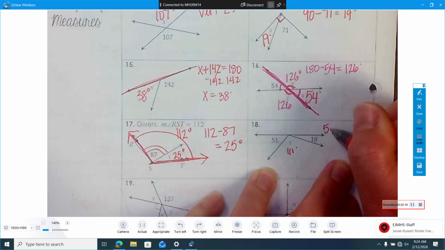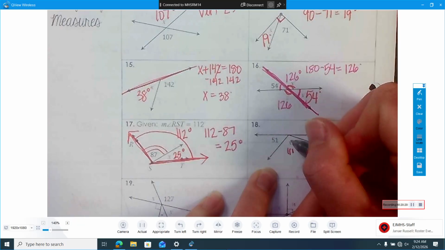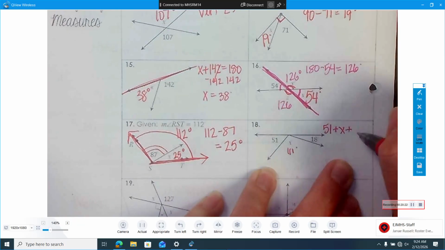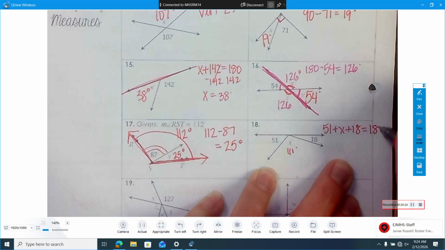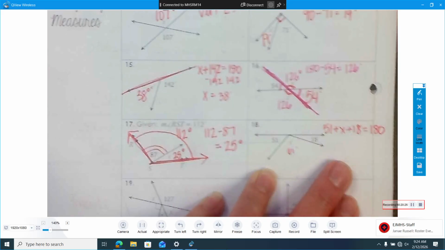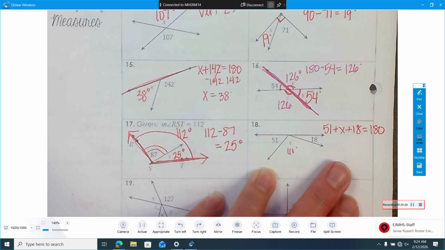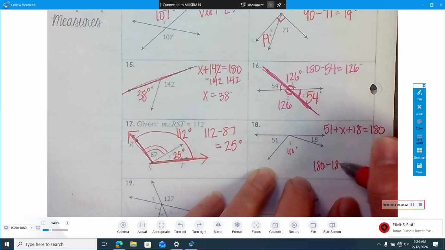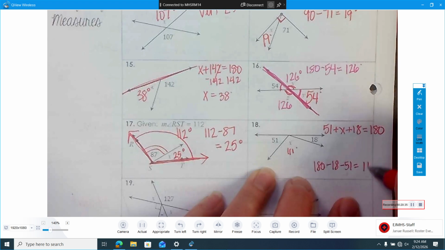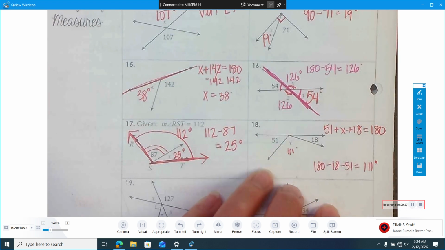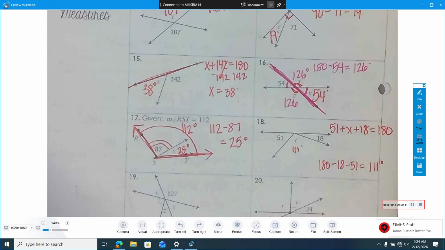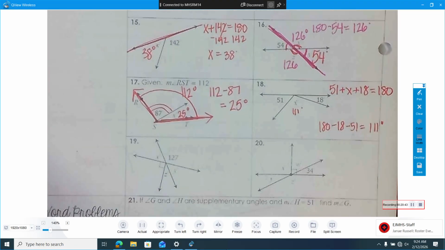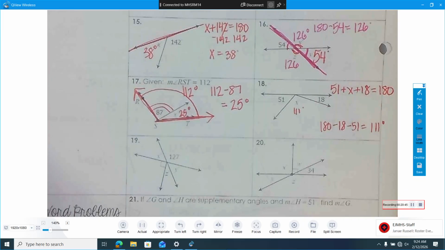So we could write an equation: 51 plus x plus 18 should equal 180 degrees. And you can solve from there if you want to, or just do 180 minus 18 minus 51, and it gives you the 111. Lots of ways to get there. All right? Pretty nice.